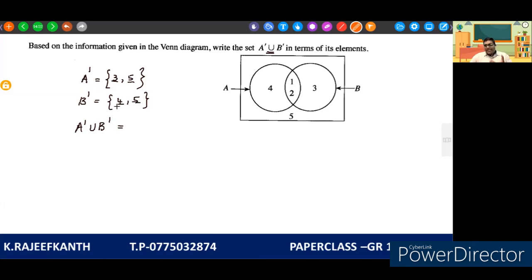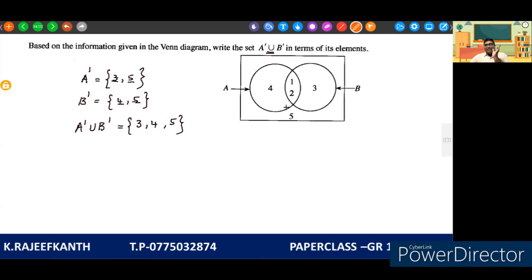So we have to get all the elements of A dash and B dash. Then we have to take 3, 4 and 5. Right? A dash union B dash: the elements of A dash are 3 and 5, B dash is 4 and 5. So A dash union B dash is 3, 4 and 5.